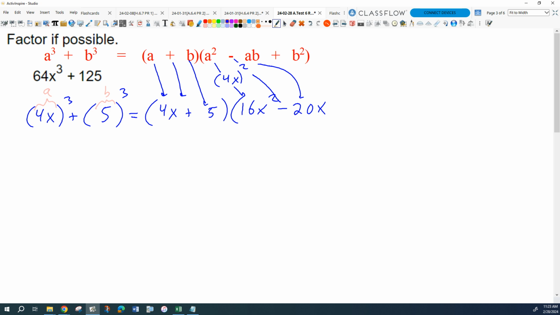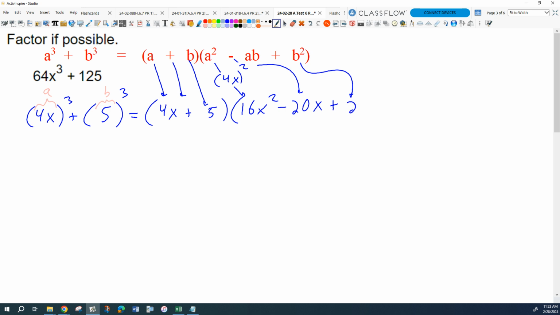And then, let me get rid of that line. It's kind of messing us up there. We don't need that. And then finally, plus, what's B squared going to be? 5 squared, right?